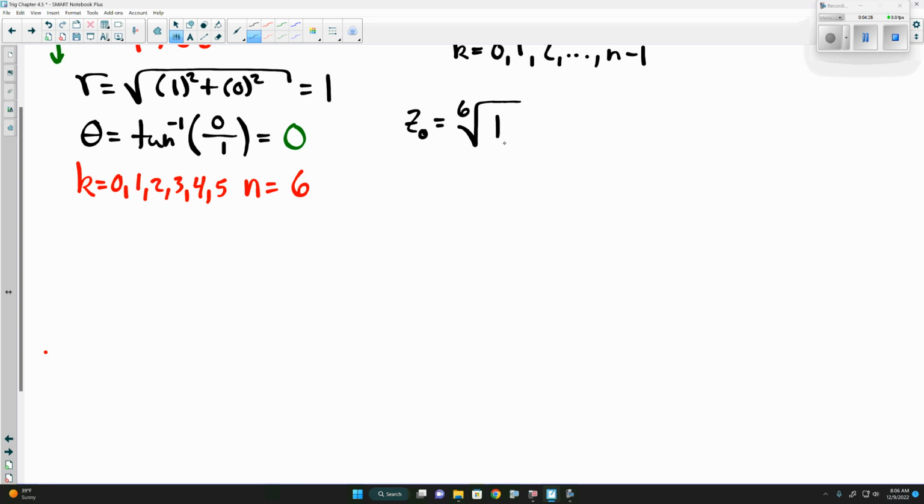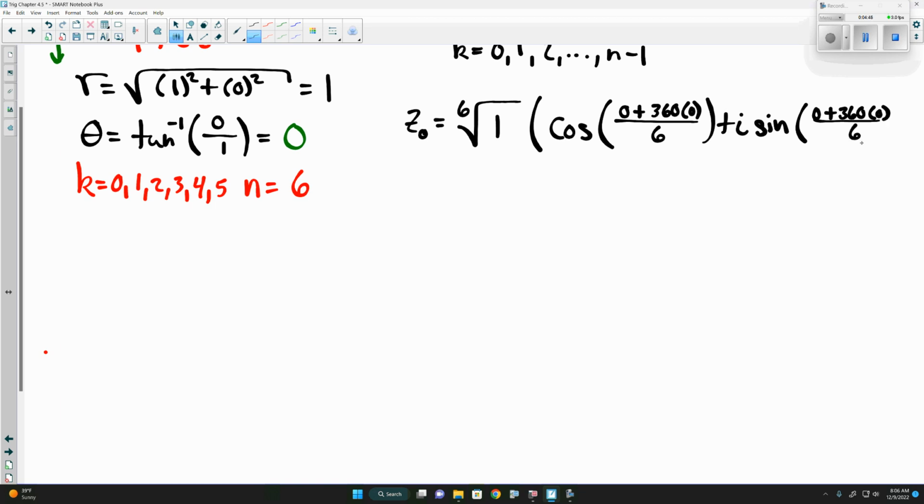It's one of the nice ones. Parentheses, cosine of 0 plus 360 times 0 over 6, plus i sine of 0 plus 360 times 0 over 6.